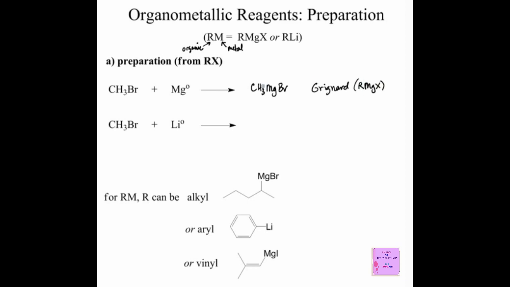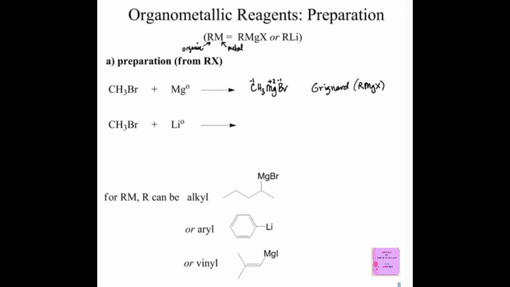So this R in this case is just a methyl group. We'll see it could be just about anything. The X is very often a bromide, but it also could be a chloride or an iodide. You can have another halogen there as well. And as we just mentioned, since the magnesium has a +2 and the bromine has a -1 as their oxidation state, and the Grignard is a neutral molecule, that means the carbon has a -1 oxidation state.